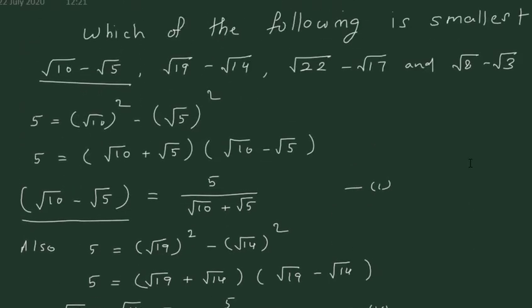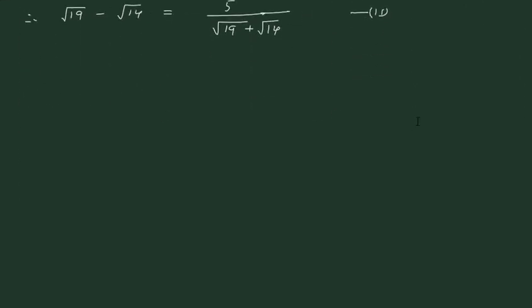Similarly, we have root 22 minus root 17. This we can write as 5 upon root 22 plus root 17.